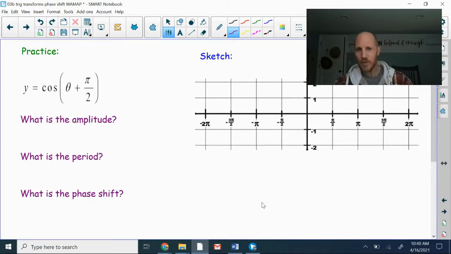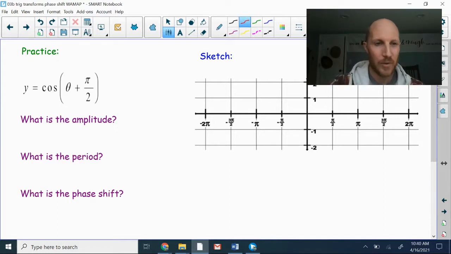So let's do some examples. I got y equals cosine of theta plus pi over 2. Before we start graphing, let's identify some important pieces of information we're going to need in order to draw the graph correctly. What's the amplitude? It's 1.